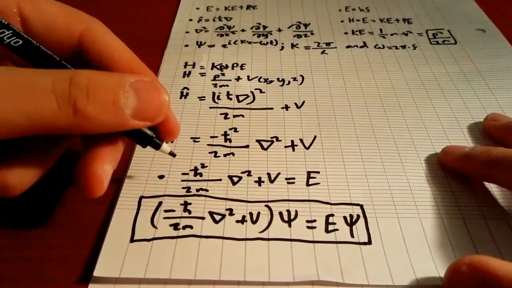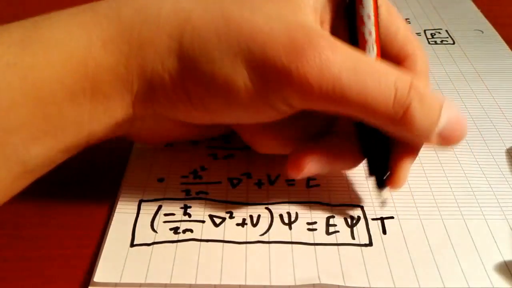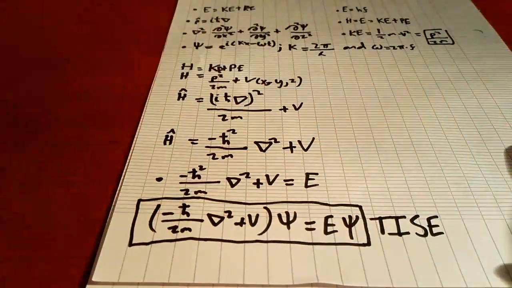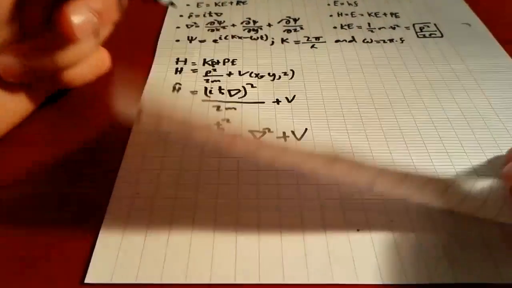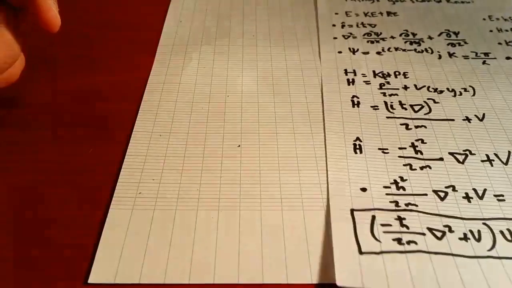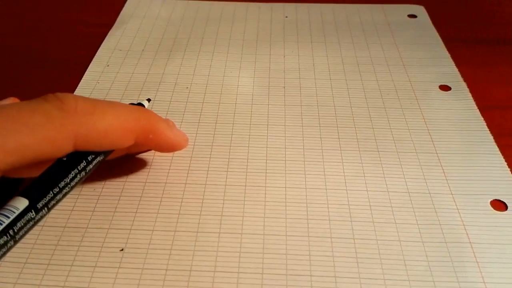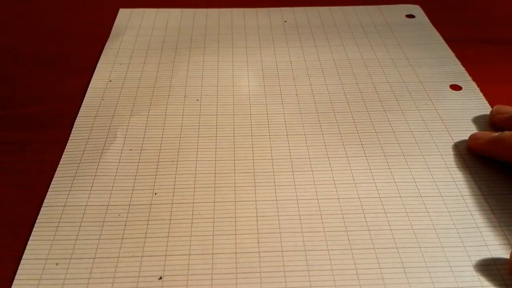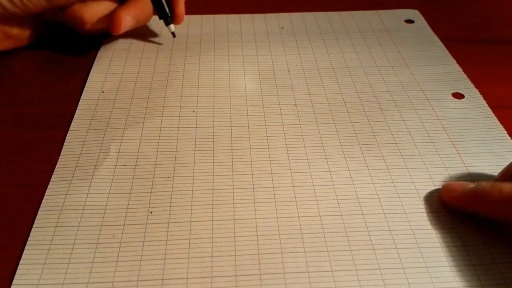So now we're going to use this time-independent Schrödinger equation to get another form of the Schrödinger equation, which is the time-dependent Schrödinger equation. Let's rewrite it here.